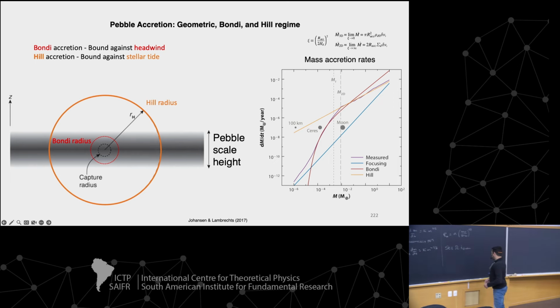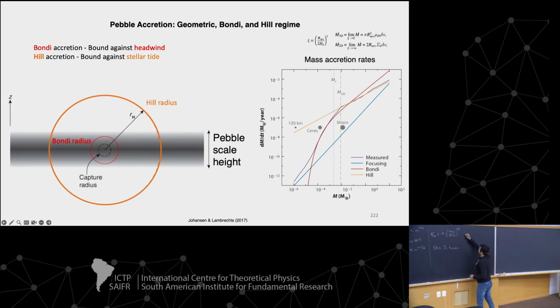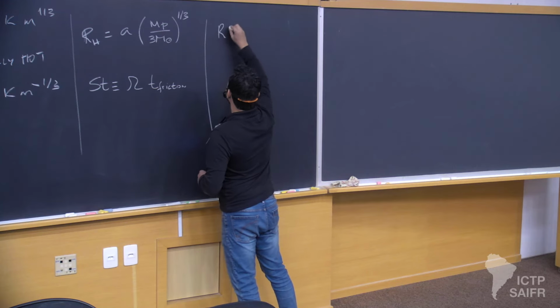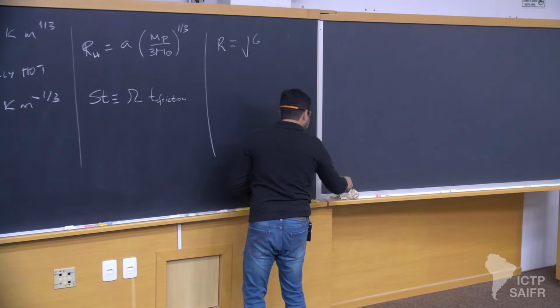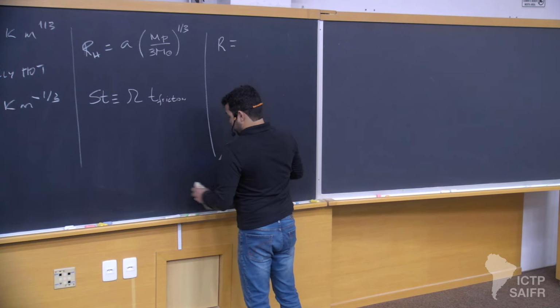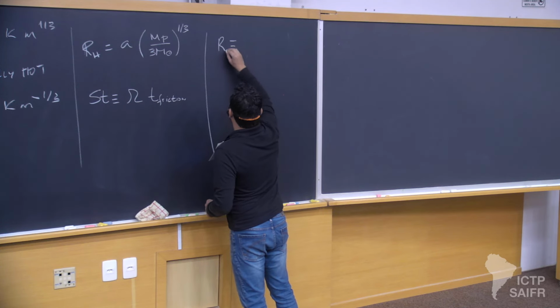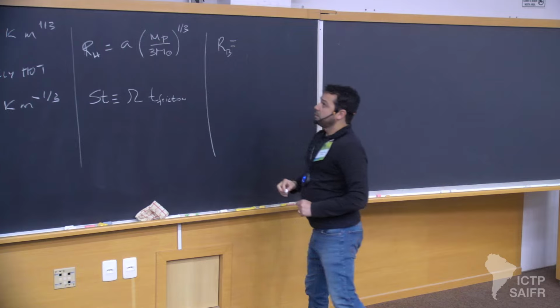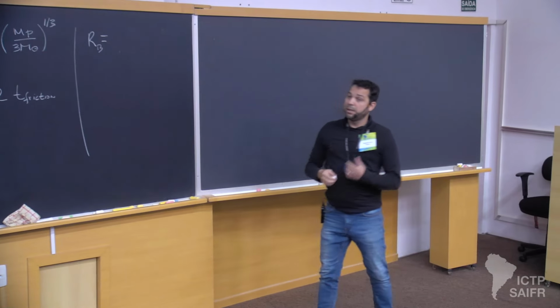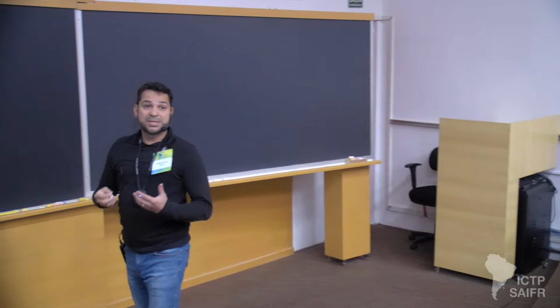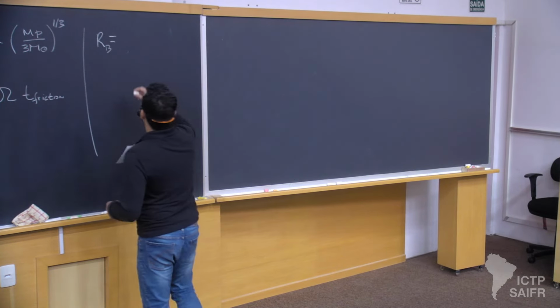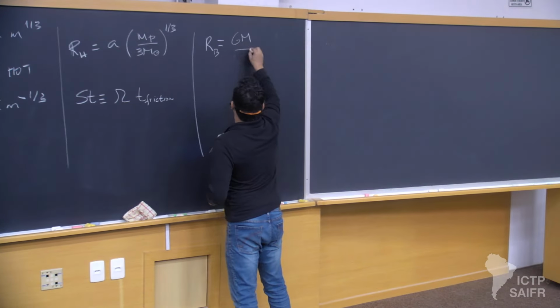The Bondi radius gives you the radius within which these are accreted. You get the Bondi radius by equating the escape speed to the sound speed. So that would be GM over the sound speed squared.